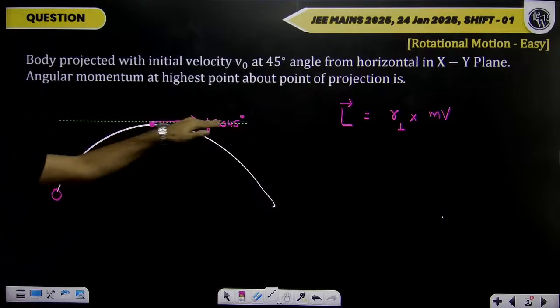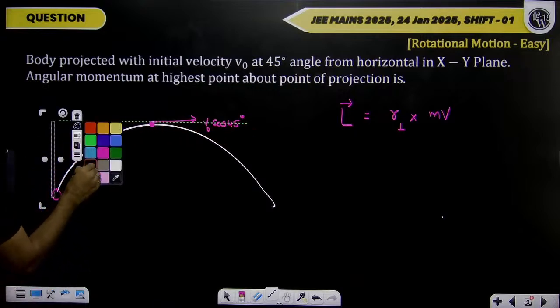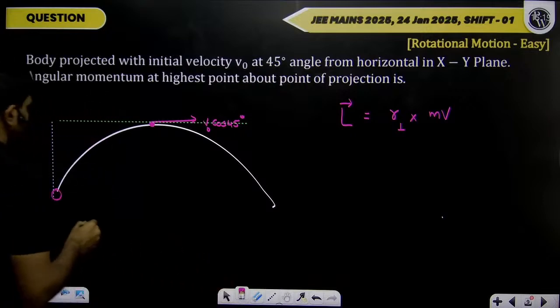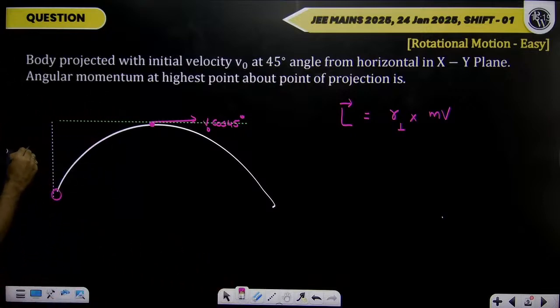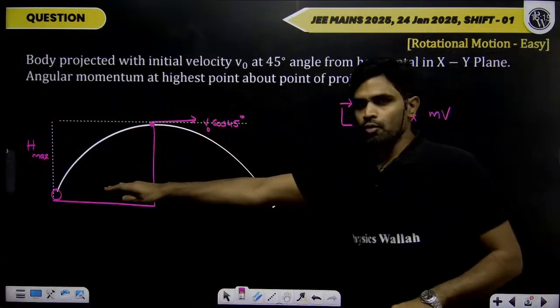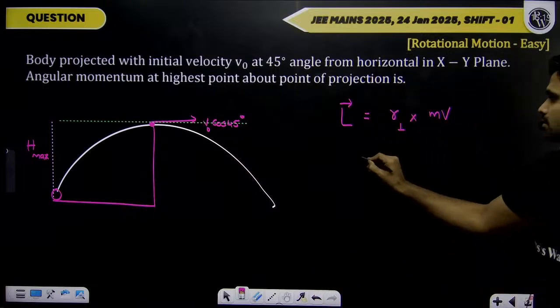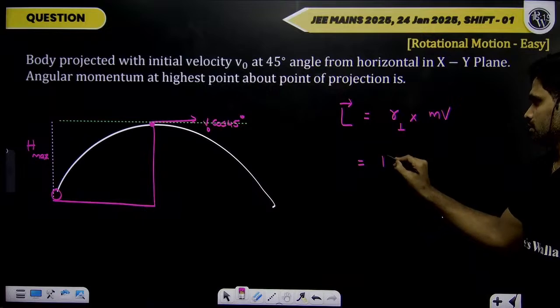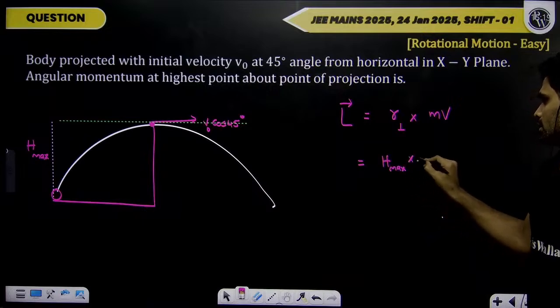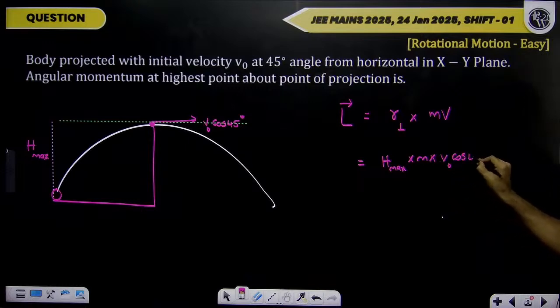So this is the momentum vector and this is your perpendicular distance. What is the perpendicular distance? Very simple. The perpendicular distance from the point of projection to the momentum is h max. So this is h max into m into velocity. Velocity is v naught cos 45.